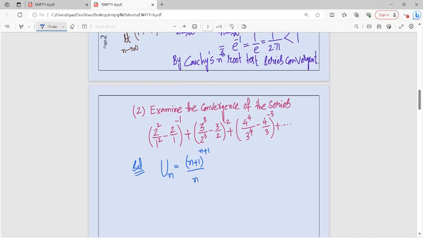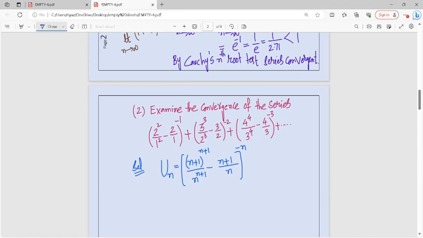Then minus 2 means n plus 1 upon 1 means n, whole to the power of minus 1, minus 2, minus 3, which means minus n. This is the value of un.